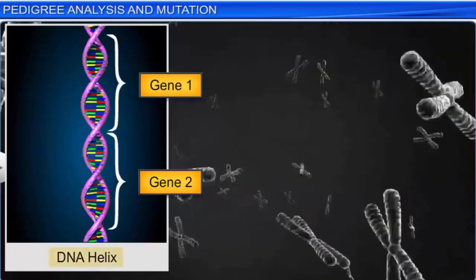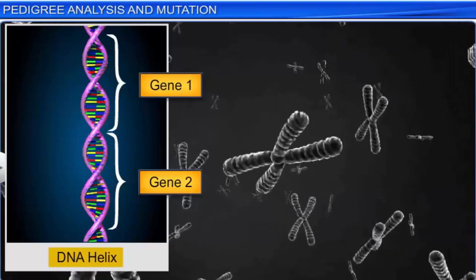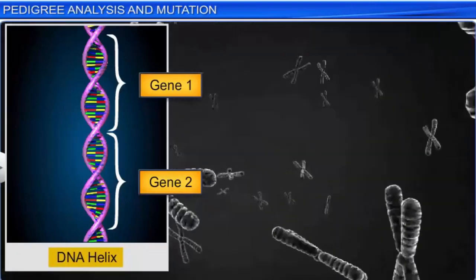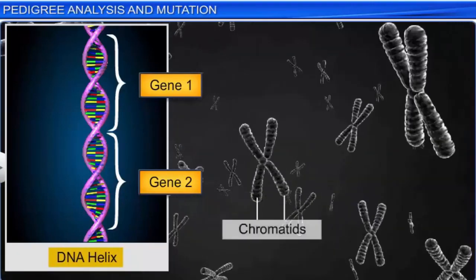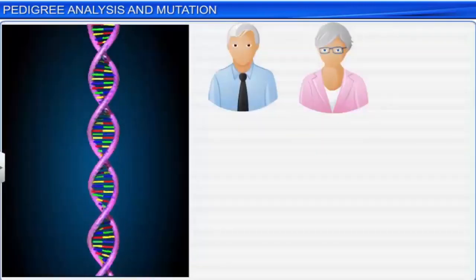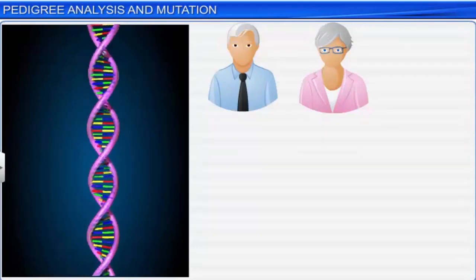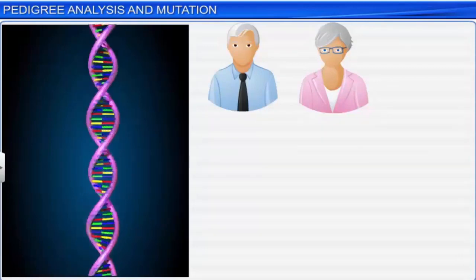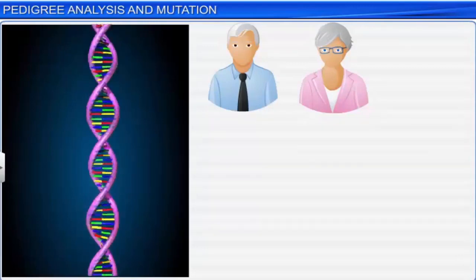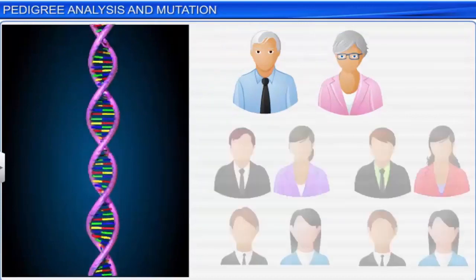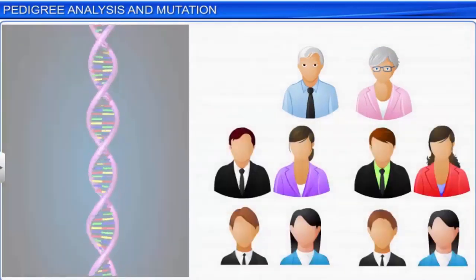This DNA helix is in a highly supercoiled form and runs continuously from one end of a chromatid to the other. Also, each DNA helix contains the genetic information required for the functioning and development of all living organisms, and is thus passed from one generation to the next.